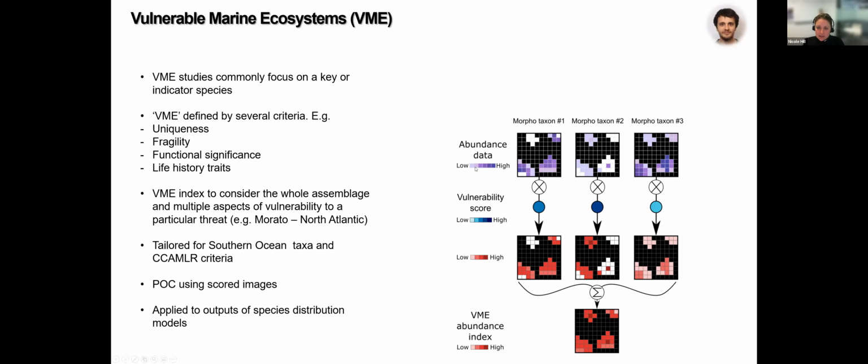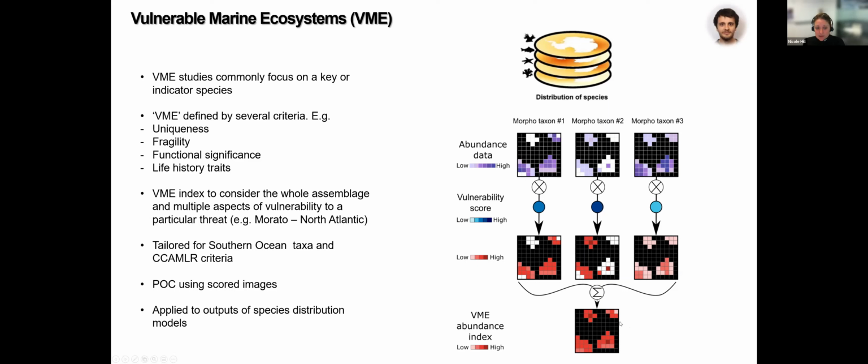So essentially what he's doing is incorporating the abundance of each particular taxa, so VME taxa, modulating it with a vulnerability score that considers these things: uniqueness, fragility, functional significance, and life history traits, to then come up with a composite index initially for each species and then for the whole assemblage about the vulnerability of that assemblage.